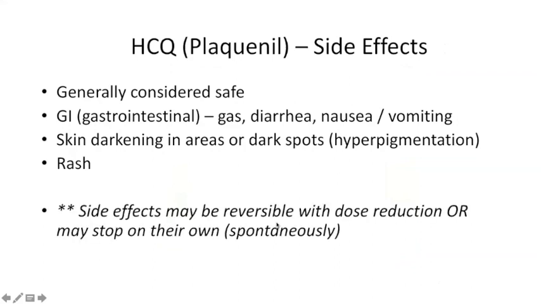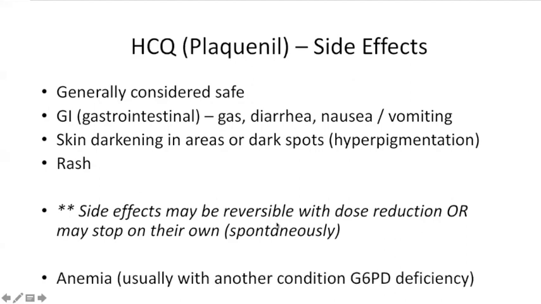In general, these side effects can be reversible with a dose reduction, and actually a lot of these side effects may go away on their own while continuing the medication at the same dose. Of note, it has been described also that some people may develop anemia when they're on Plaquenil, but this is generally only if that individual has another condition called G6PD deficiency, which you would usually know beforehand.